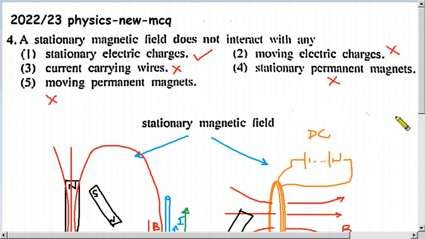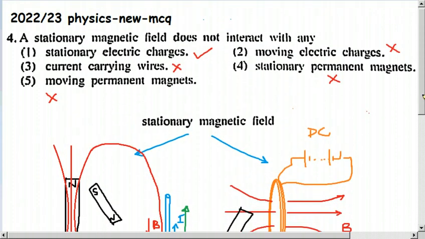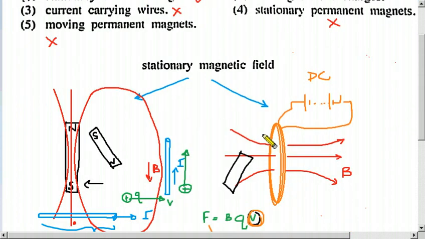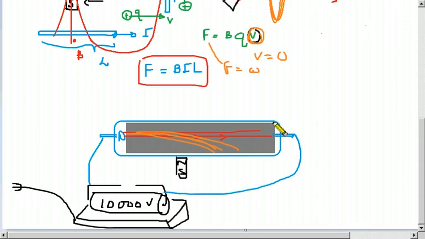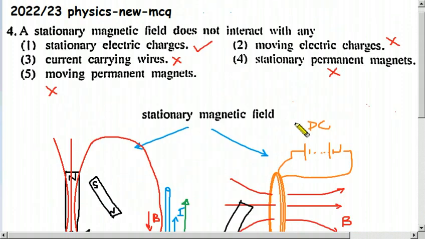So children, I think you can understand this. I think you are happy because I explained everything. I explained even what this stationary magnetic field is. I explained this Crookes tube, and there are two methods I explained. DC, you must supply DC to this one.